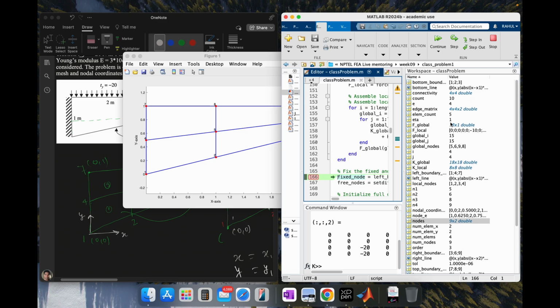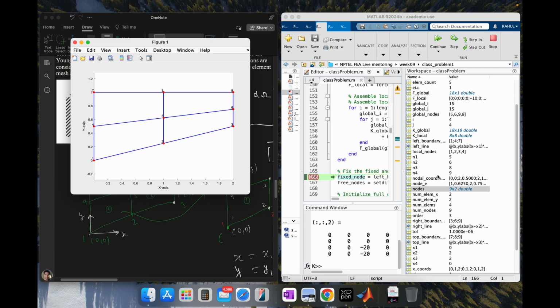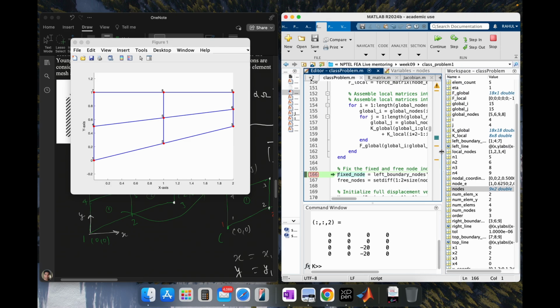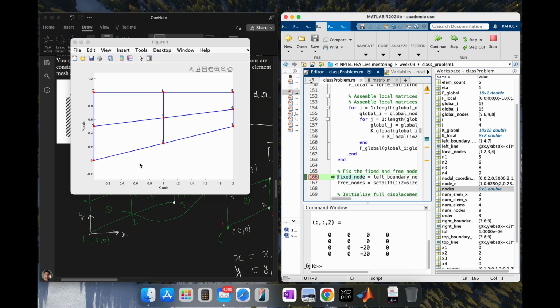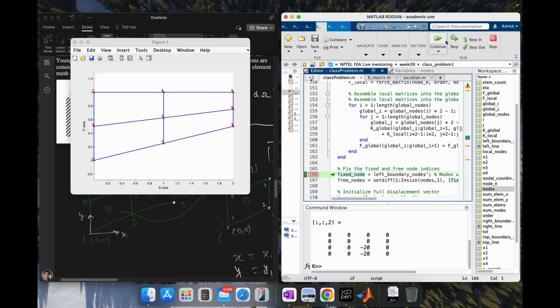The bottom boundary is 1, 2, 3, the right boundary is 3, 6, 9, and the top boundary is 7, 8 and 9. Based on this, the fixed nodes are 1, 4 and 7, that is nothing but the left boundary nodes, and the rest are the free nodes.